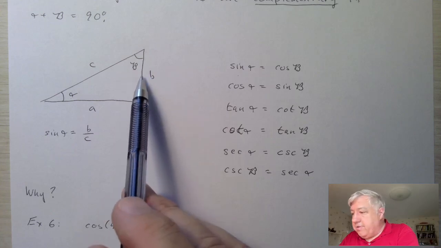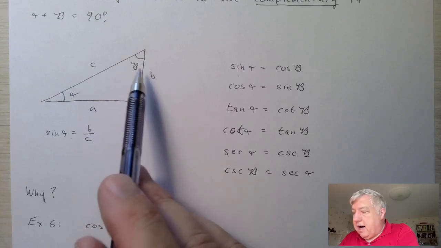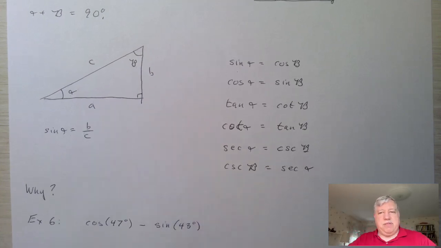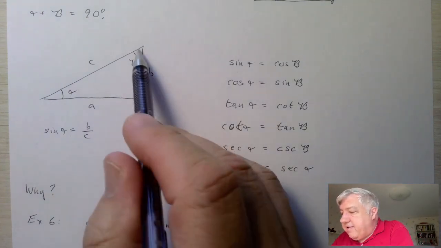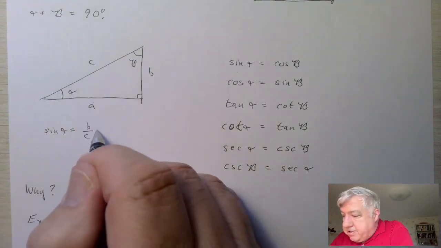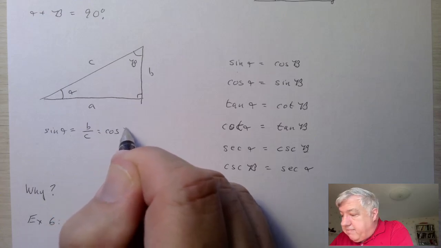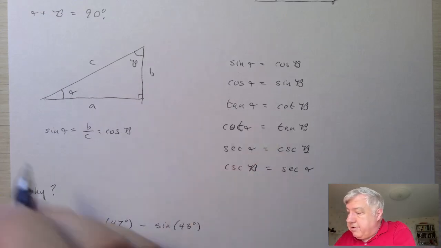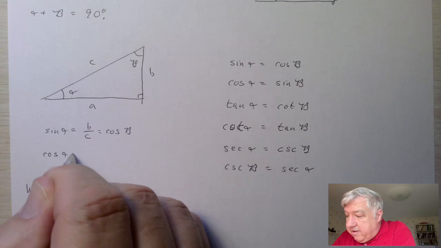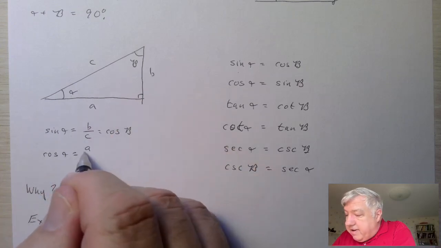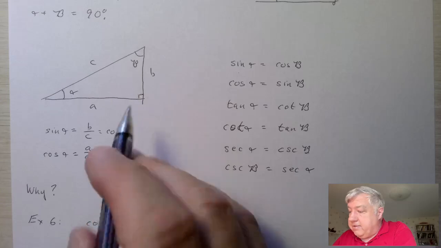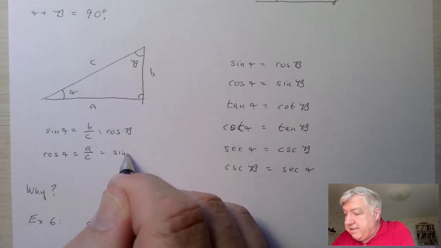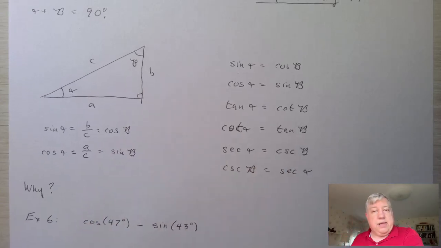So the opposite with respect to one angle is the adjacent of the other angle. So this is the adjacent divided by the hypotenuse for beta, so this is going to be the cosine of beta. Similarly, the cosine of alpha would be A divided by C, but A is the opposite of beta. So this is going to be the sine of beta.